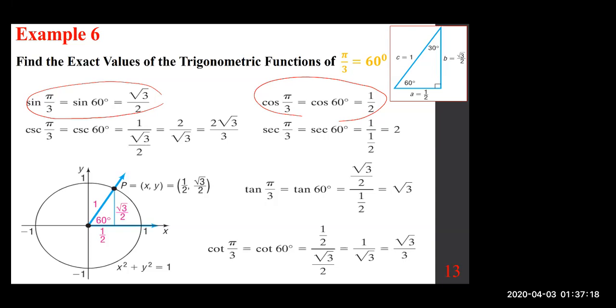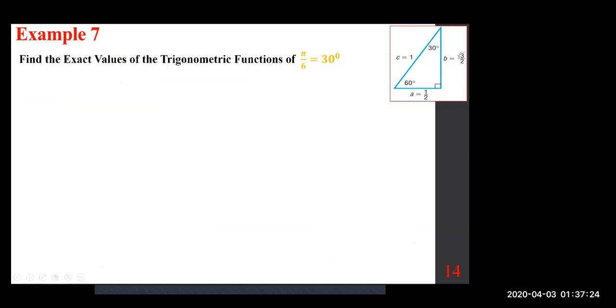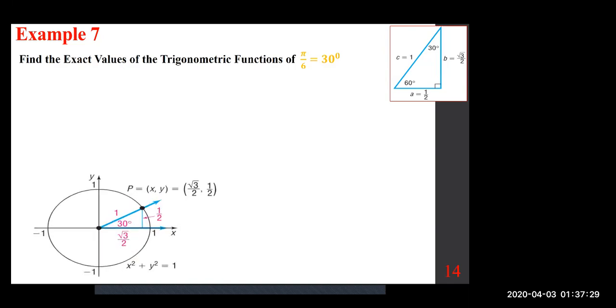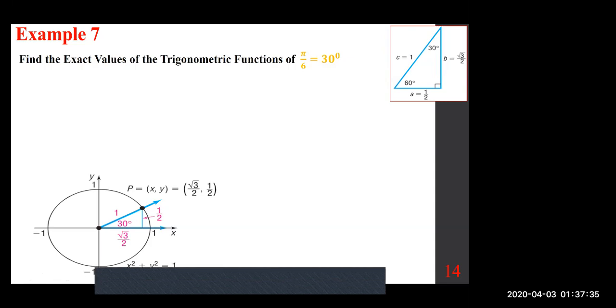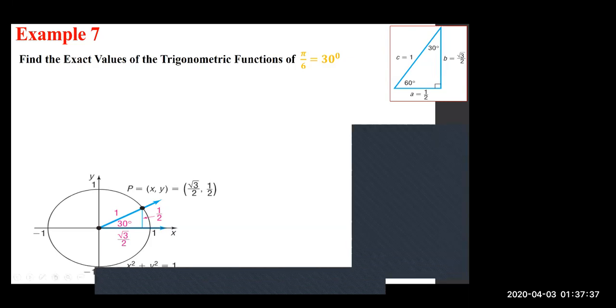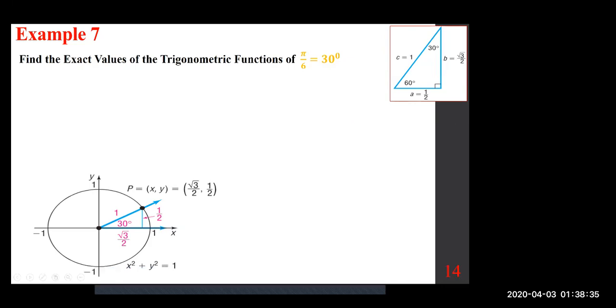Perfect. All right. So now we're going to do the same thing for 30 degrees. So we put it up. It's a very simple process. Everybody can figure this out in no time. So we are going to pause the recording, let everybody work on it for the next minute. So it's very straightforward.